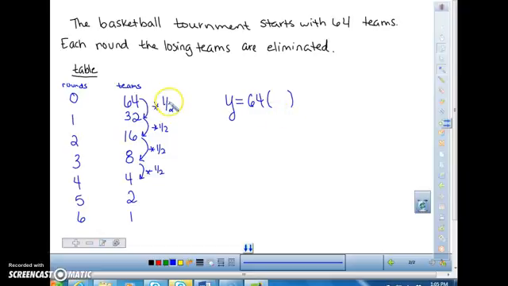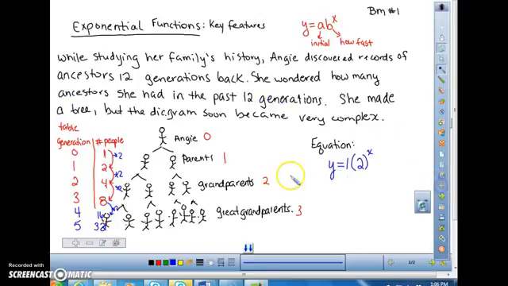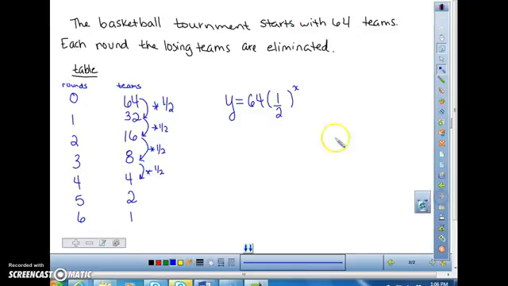Well, it's decreasing this time by 1/2 for each round. So notice that it's a decay. All right. So if we go back, when it's increasing, the b value, the number in the parentheses, is larger than 1. When it's decreasing, as in the basketball case, then b, or how fast, is a fraction.